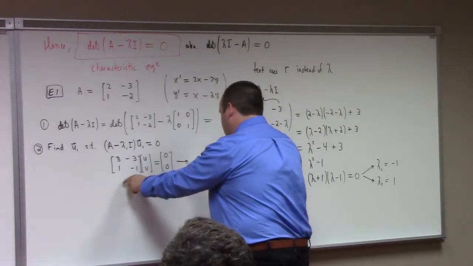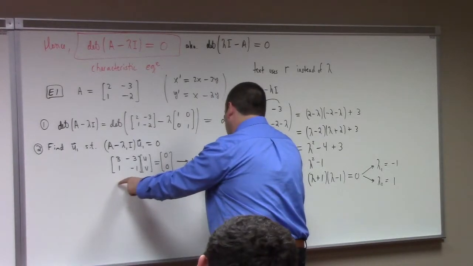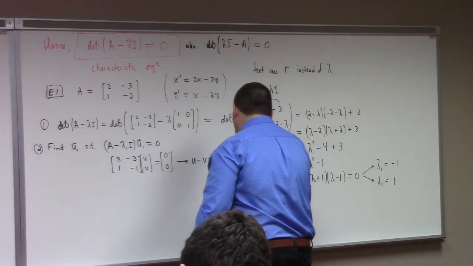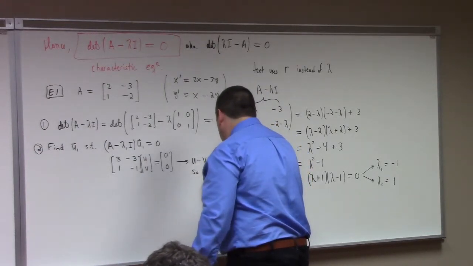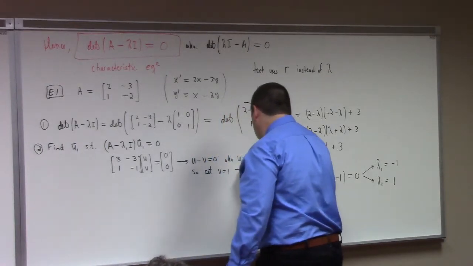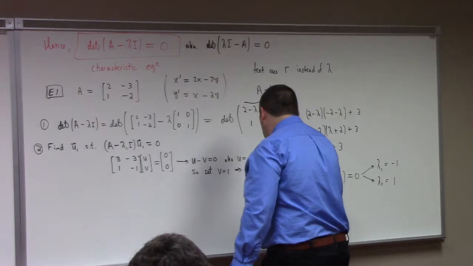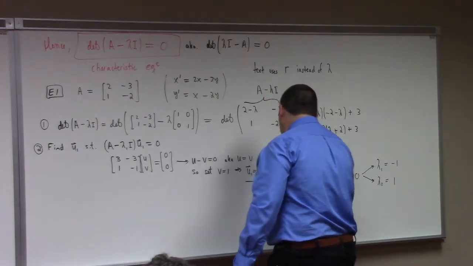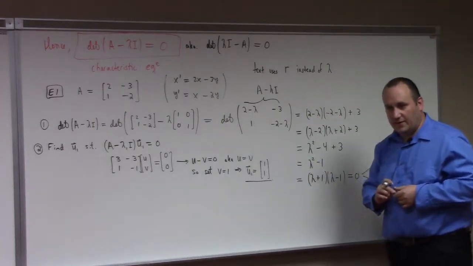I like the second one. It says that u minus v is equal to 0, AKA u equals v. So we can set v equal to 1, and that tells me that u1 equals (1, 1) is my eigenvector with eigenvalue -1.